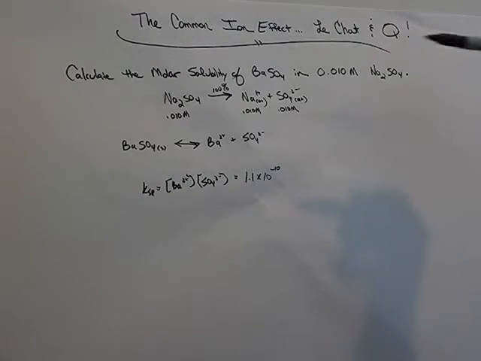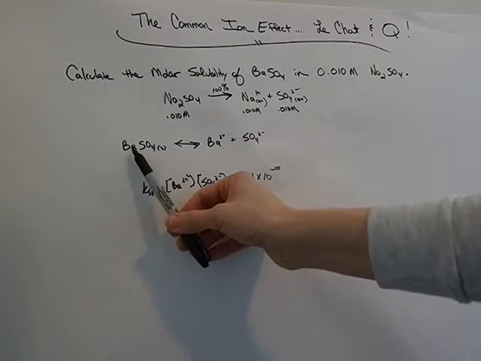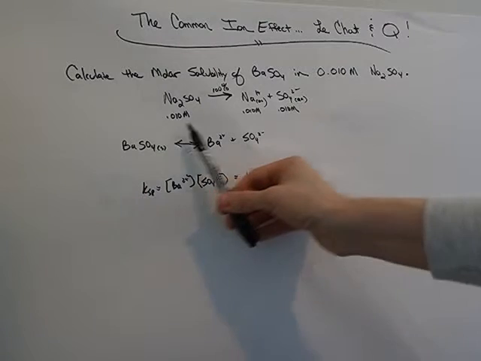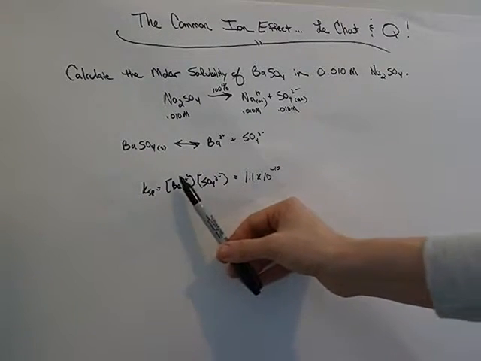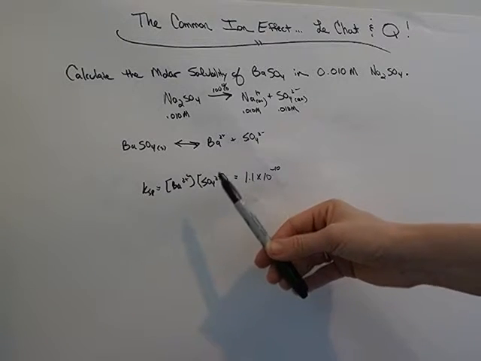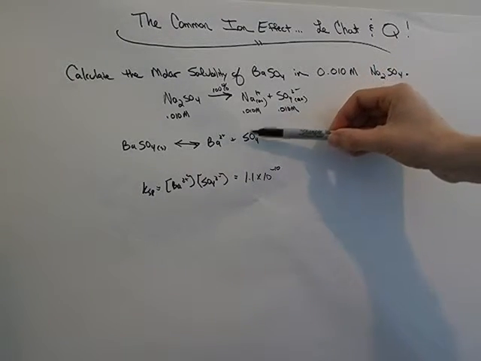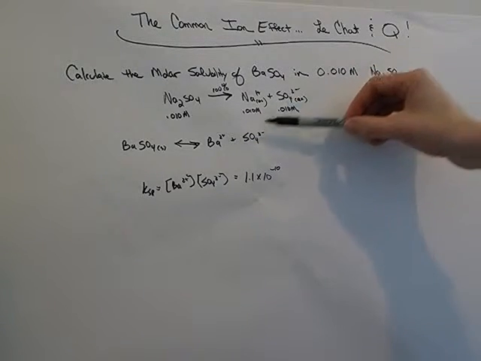So in order to calculate the molar solubility, ordinarily I would define the concentration of the barium sulfate as X, and then use stoichiometry to define my ion concentrations so that I could plug them into the Ksp calculation and solve. Unfortunately, in this problem, we have a common ion between these two chemicals that are dissociating in the water, the sulfate.